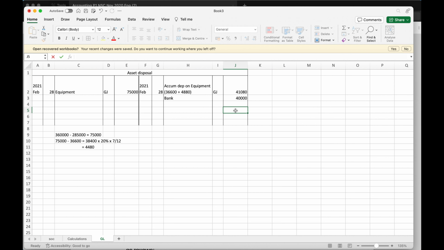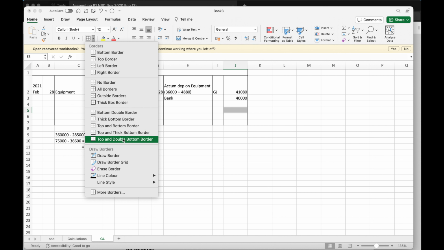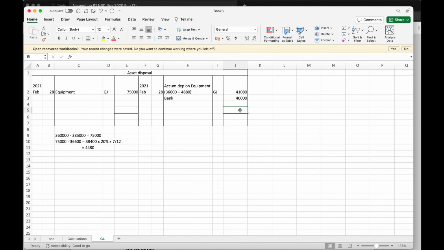Now, you check which side is bigger, debit or credit. It looks like it's credit. You add these amounts together and then you get your total, 81,080.